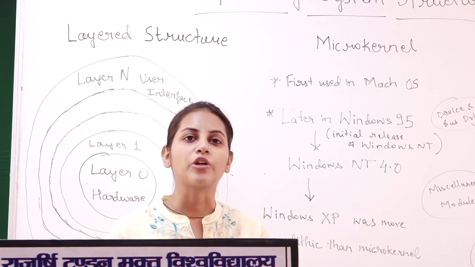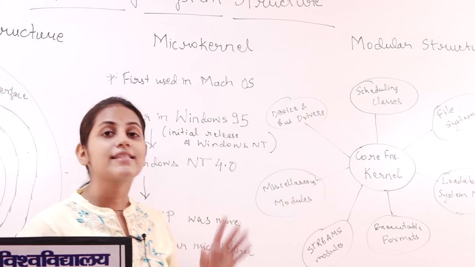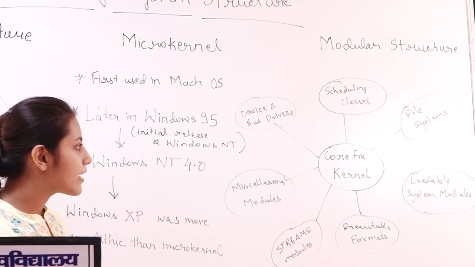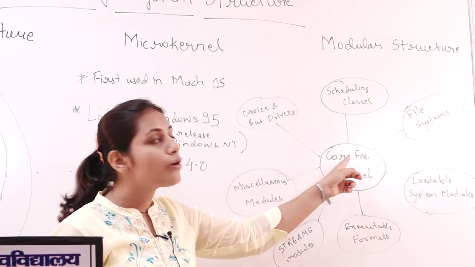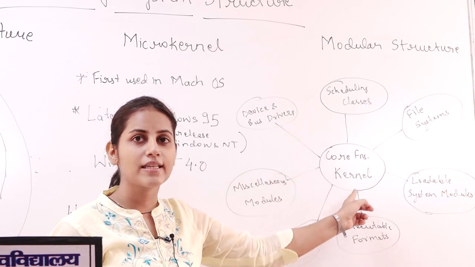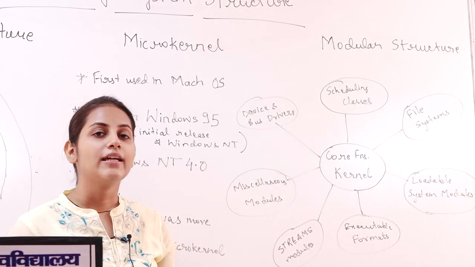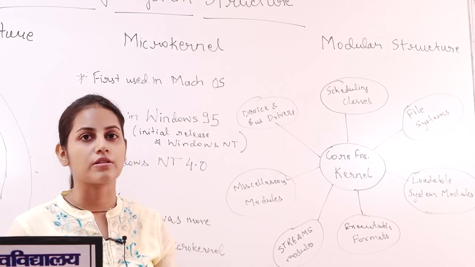What do we do in the modular structure? Well, in the modular structure, as in the microkernel structure, there are certain functionalities that are kept with the kernel. The kernel contains the core functions related to the operating system. All other functionalities actually exist in terms of loadable modules.